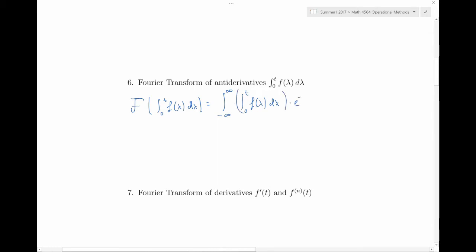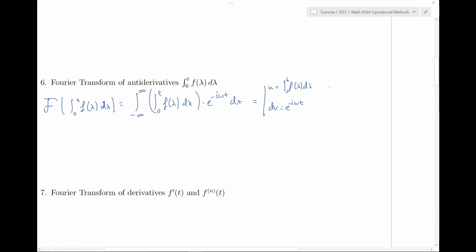multiplied by e to the minus I omega t dt, apply integration by parts, making u to be the integral and dv to be the e to the minus I omega t, which makes du to be just f of t dt, and v being minus 1 over I omega e to the minus I omega t.